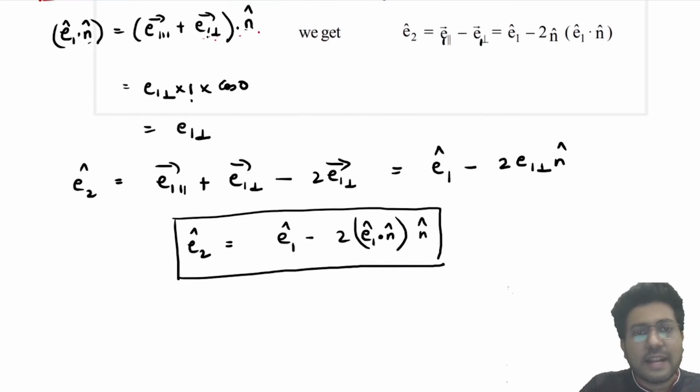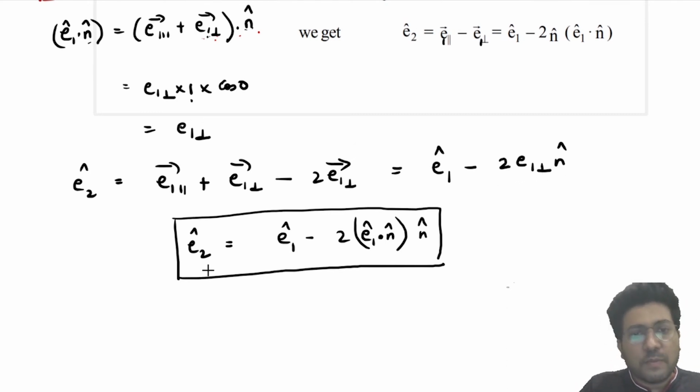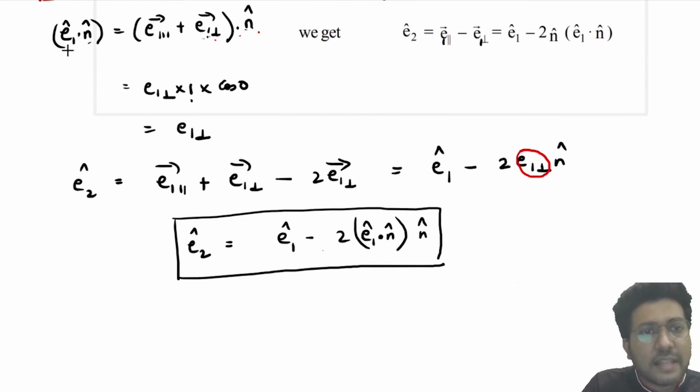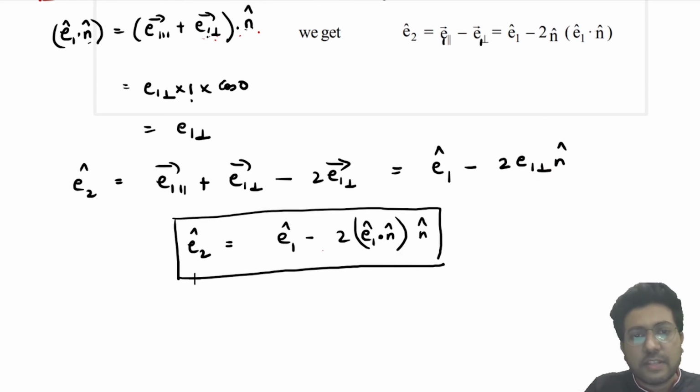So minus 2 E1 perpendicular vector is minus 2 E1 perpendicular into N cap. Listen carefully now: E1 perpendicular can be written as E1 cap dot N cap from here. So E2 cap is equal to E1 cap minus 2 E1 cap dot N cap into N cap. Take a pause here to learn this formula.